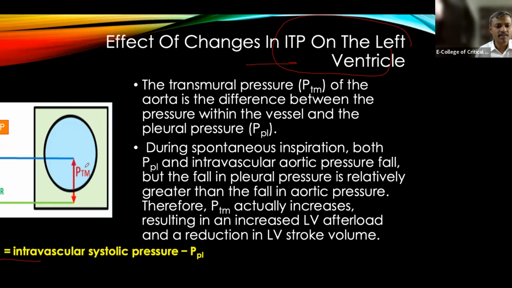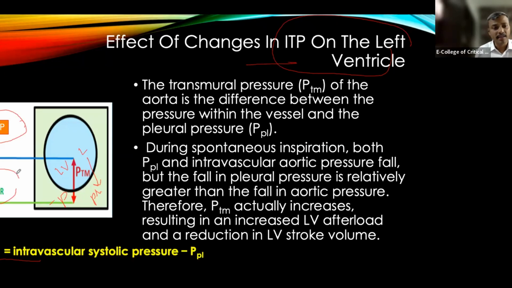Transmural pressure means the pressure difference between this cavity and the surrounding pressure. For the lung, it is lung pressure minus pleural pressure. If it is the left ventricle or heart, imagine the ventricle is a chamber: left ventricle minus pleural pressure. So intravascular pressure minus surrounding pressure is nothing but transmural pressure.